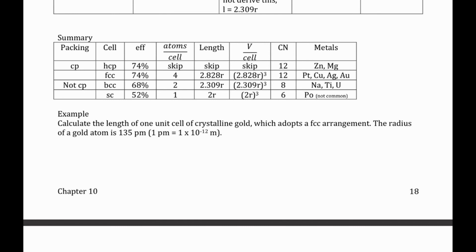Atoms per cell, for the first, we skip. For the FCC, we already went over those, 4, 2, and 1. The length, first one we skip.